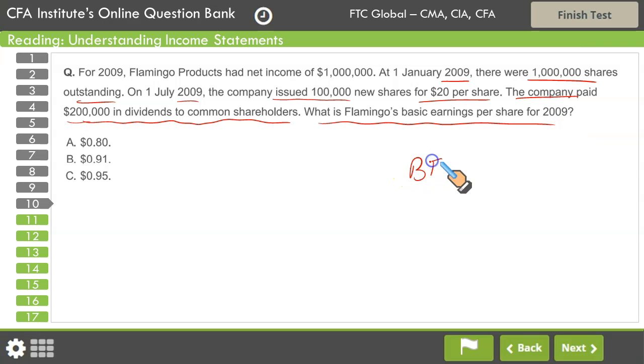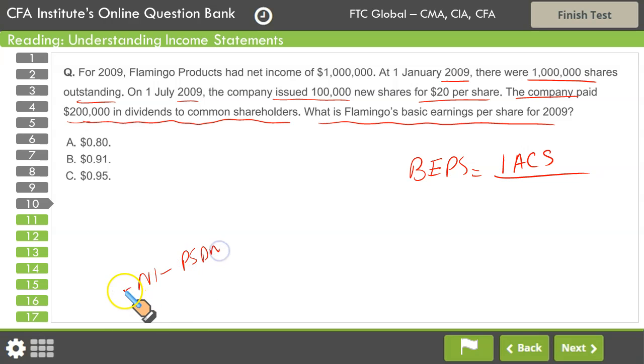So basic earnings per share uses the income available to common stockholders, or income attributable to the common stockholders. That is net profit minus preferred stock dividend, IACS, income available to common stockholders, divided by the weighted average number of shares.